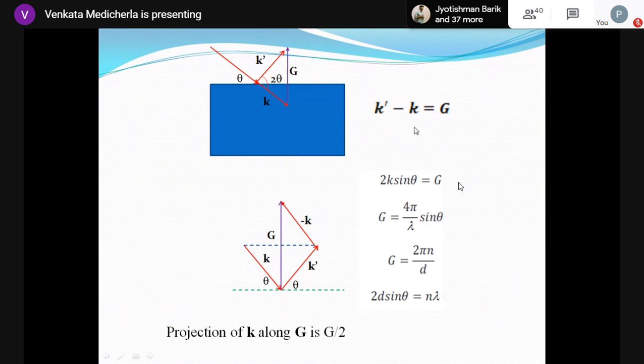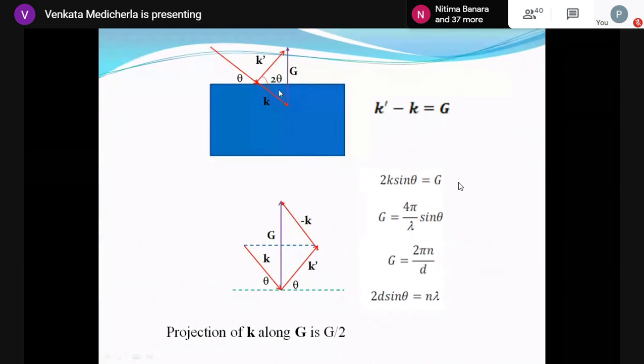That difference is G. What is the angle between k and k prime? The angle theta we defined is the angle between k and the plane, but the angle between k and k prime will be 2 theta.